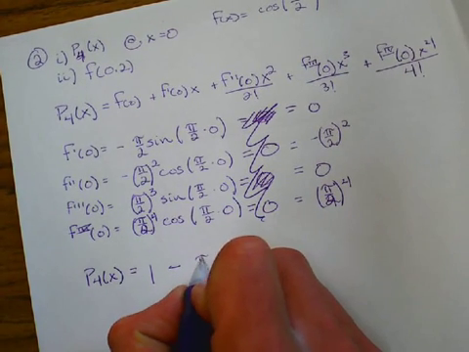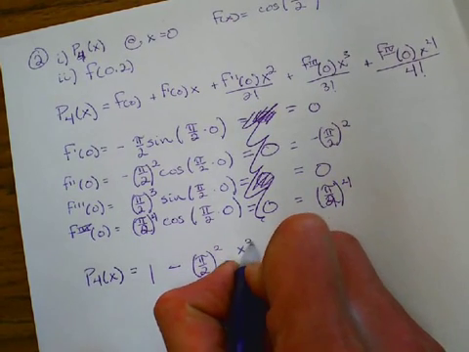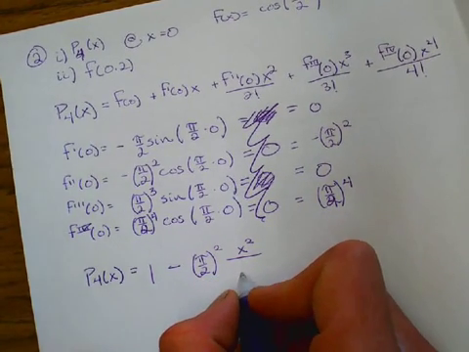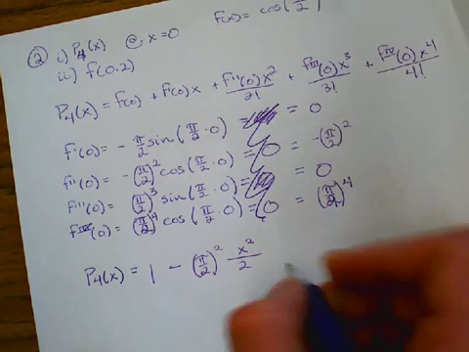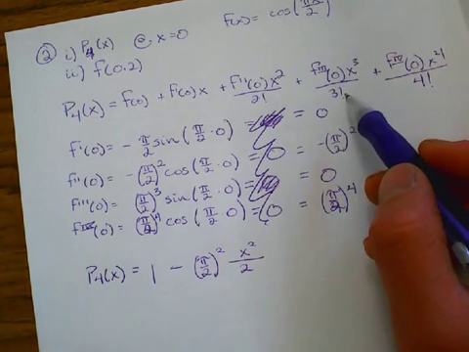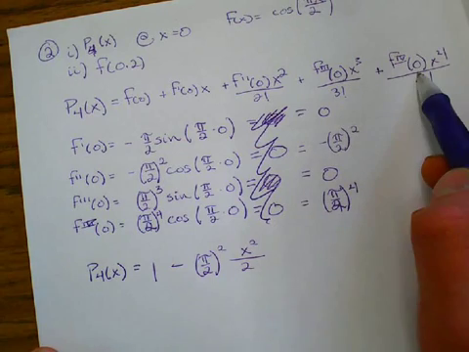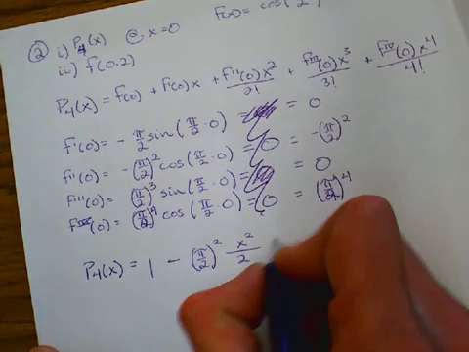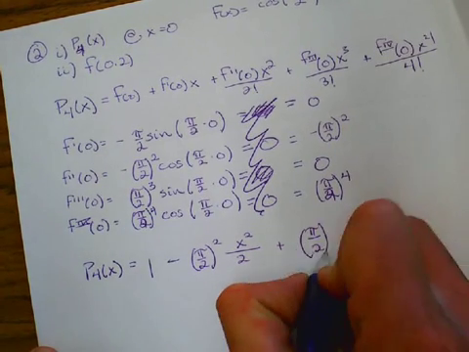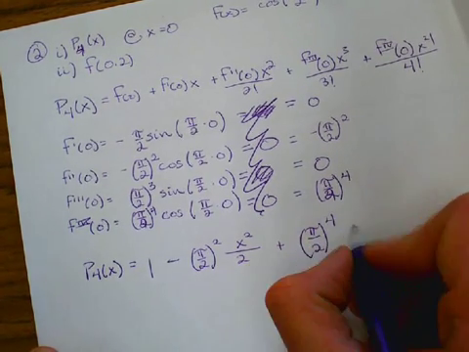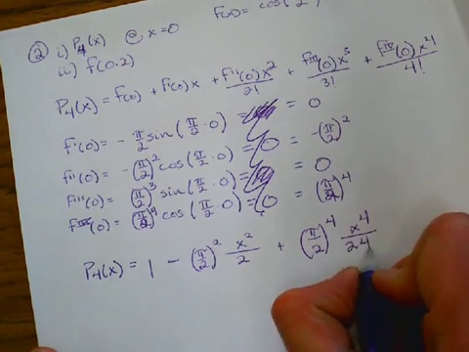I'm going to have that pi over 2 squared times x squared over 2 factorial, which in this case is 2. So we just skip over anything that equals 0? Yes. The next one is 0, so let's skip it and go to positive. So this is pi over 2 to the 4th over 24.